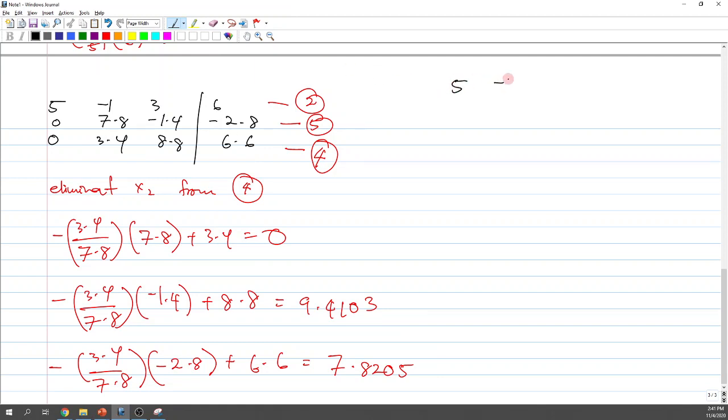So 5, negative 1, 3, 6, 0, 7.8, negative 1.4, negative 2.8, then 0, 0, 9.4103, 7.8205.